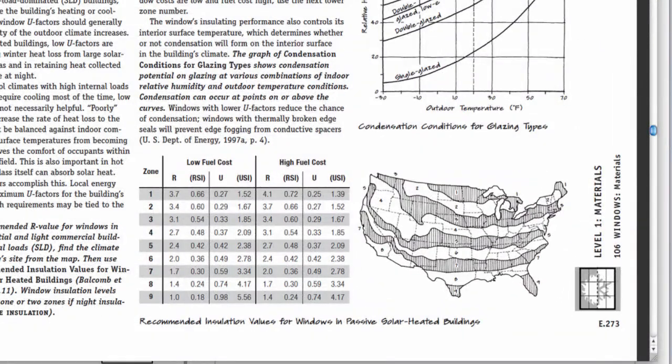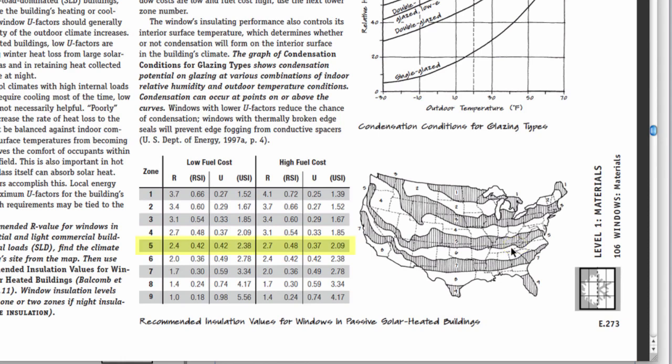Take a look at the table and the map titled Recommended Insulation Values for Windows in Passive Solar Heated Buildings. Knoxville is in East Tennessee, right over here in the border between zones 5 and 6 on the map. To be conservative, I'll use zone 5.